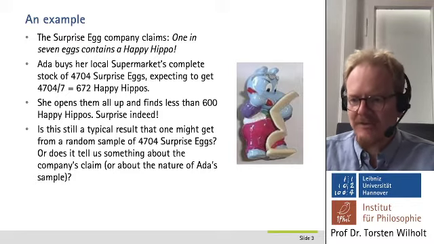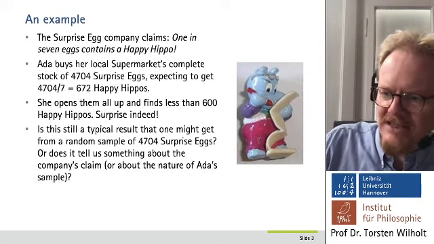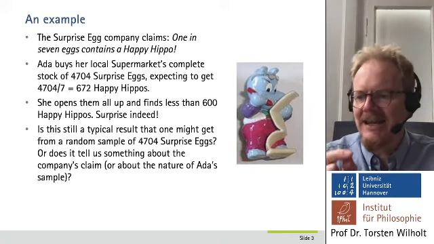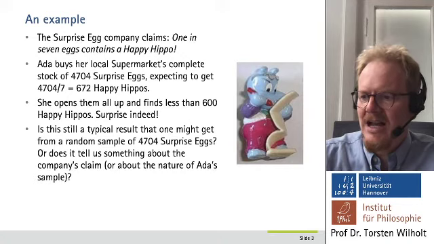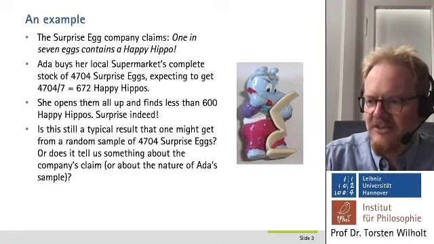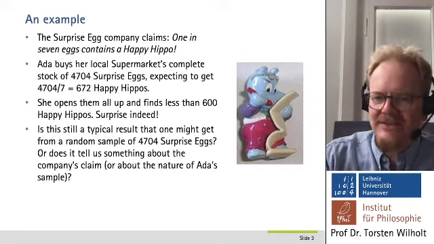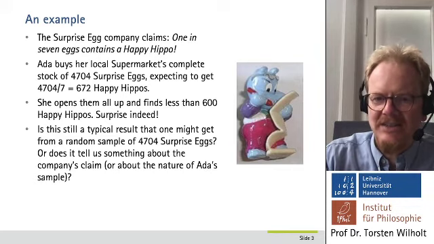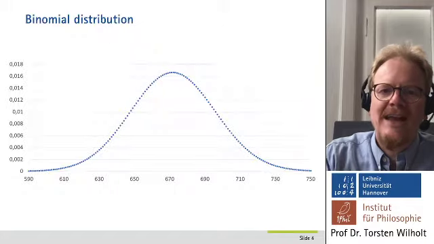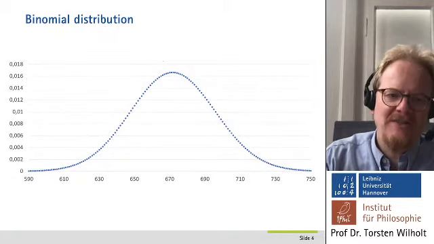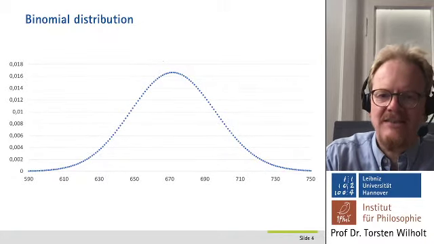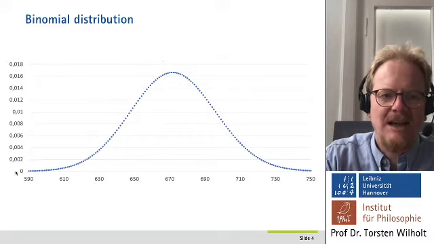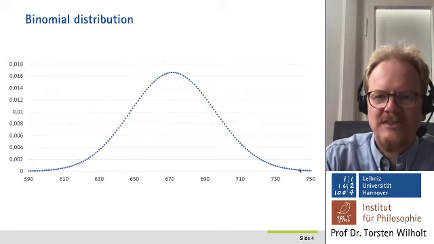So I have calculated and plotted the probabilities of getting exactly k happy hippos out of 4,704 eggs, assuming that the probability of a happy hippo in each egg is 1/7, for k between around 590 and 750. Each of these individual points represents one of these probabilities.